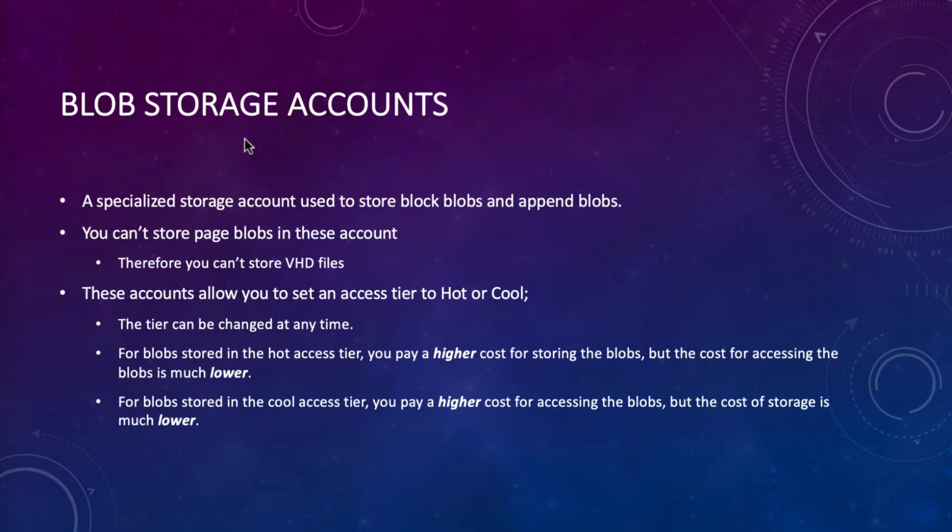For blobs stored in a cool access tier, you pay a higher cost of accessing the blob, but the cost of storage is much lower. That means you have a much lower initial fee, but then each time you access the cool storage, you're going to pay more.